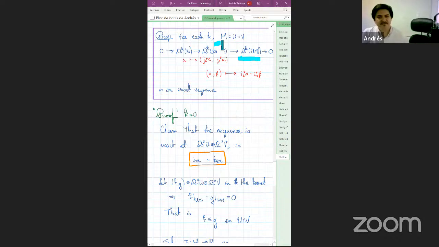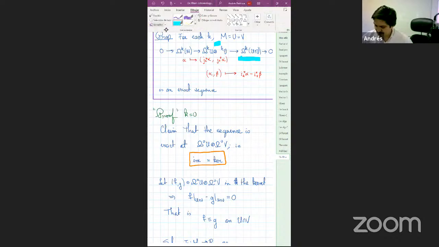Any ideas on that? So you have a smooth function on a small set, which is the intersection. You would like to show that it comes from a function on U and on V.